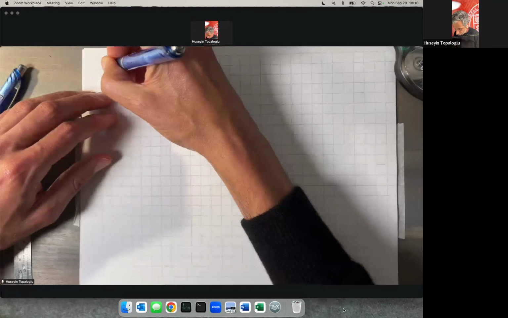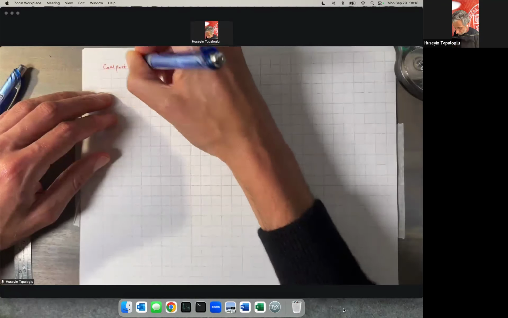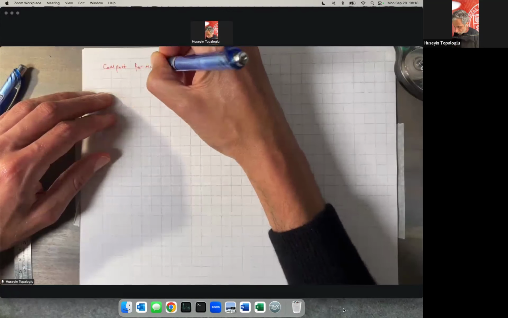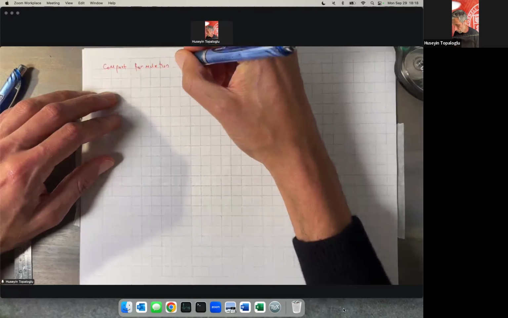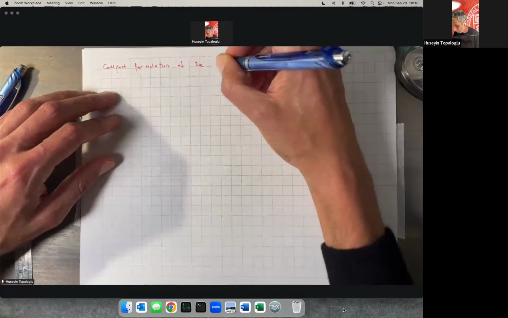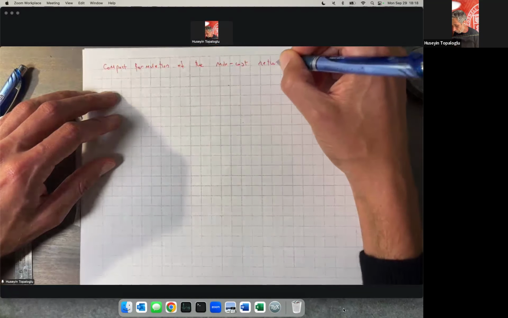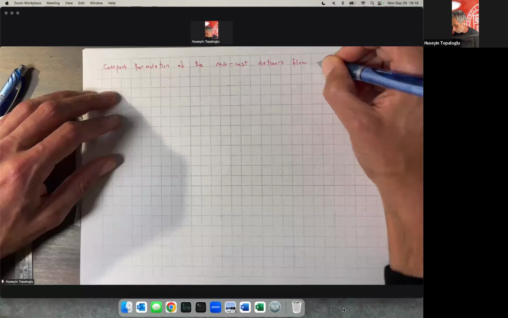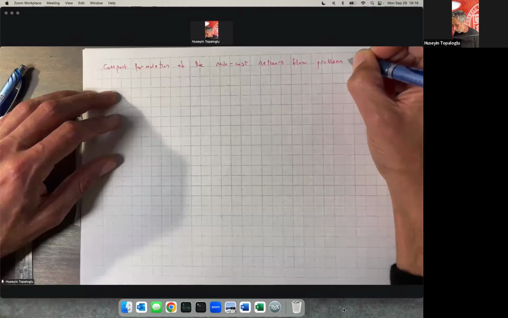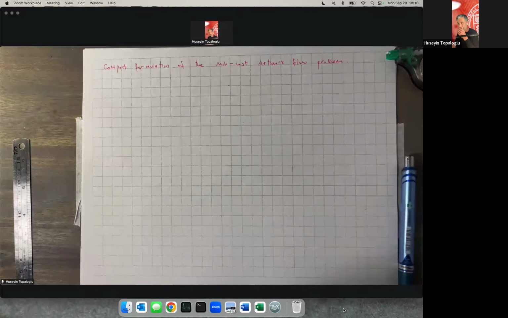Compact formulation of the minimum cost network flow problem. Great.